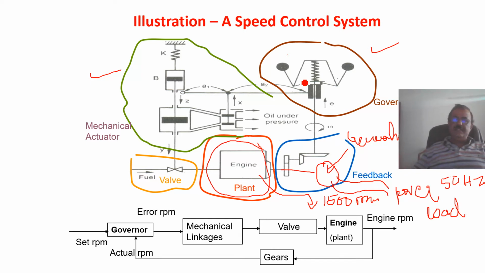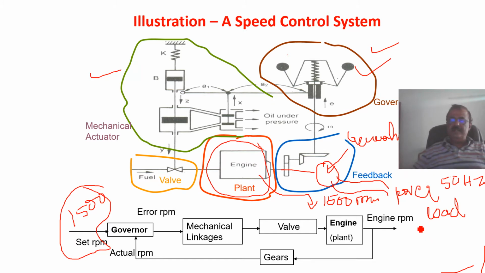This setting, let us say, is 1500 RPM. This is what I call the set speed or desired speed. Now the engine is running at that speed and supplying power at 50 hertz.